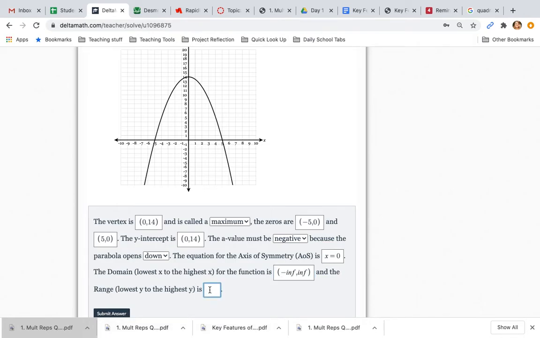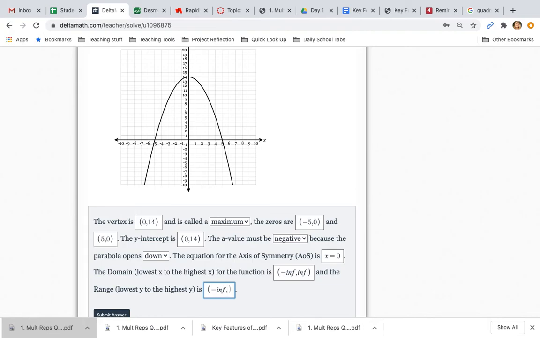And the range, our lowest y, be careful this time, it opens down. So if I were to bring my pencil from below up, my lowest is -infinity. And remember, for negative infinities, we always use a parenthesis. So -infinity, comma, what is the highest y?